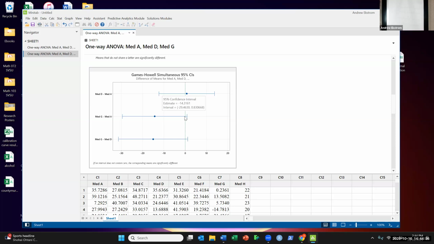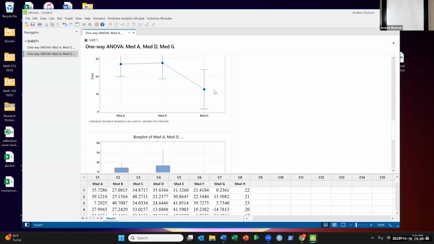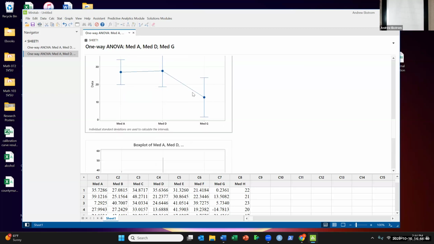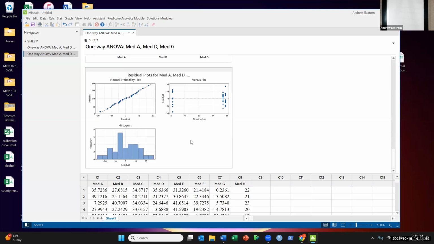Even though here, going from 0 to 29 on one side, then 0 to what? 2 on the other side. Because we've got the 0 in there, we can't say that there's a significant difference going on here. Same individual box plot, or interval plot, same box plot, same everything we had before down here.